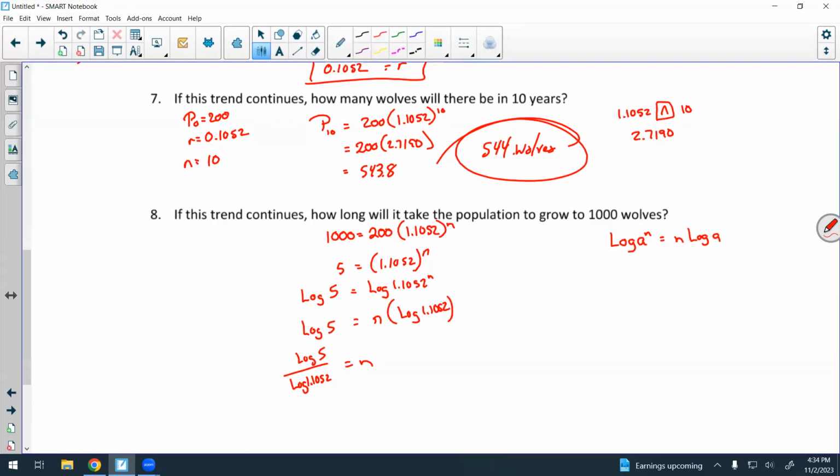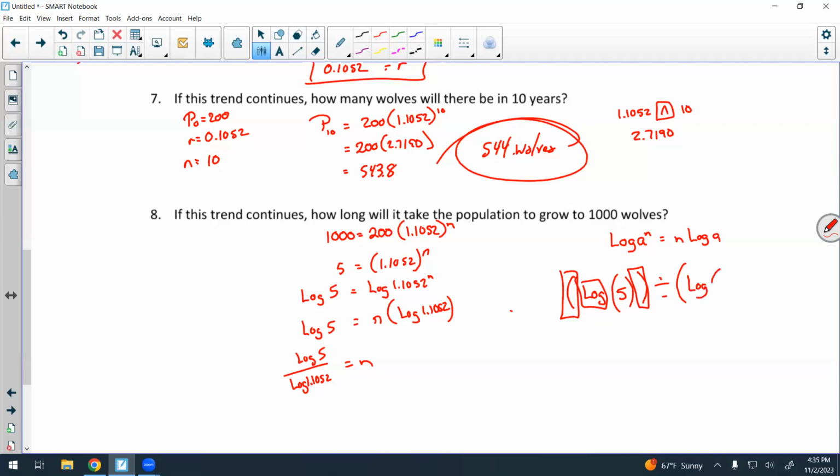To key this in properly and get the right answer, open a parenthesis. Hit the log button. It will open a parenthesis for you. Hit 5, close that parenthesis, and then close your parentheses as well. Divided by, open a parenthesis.